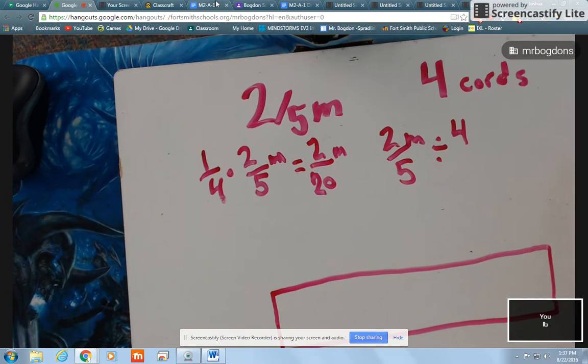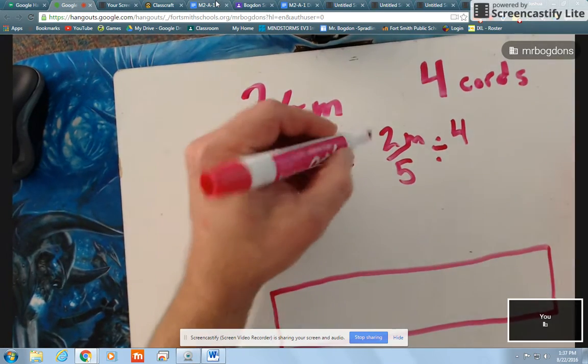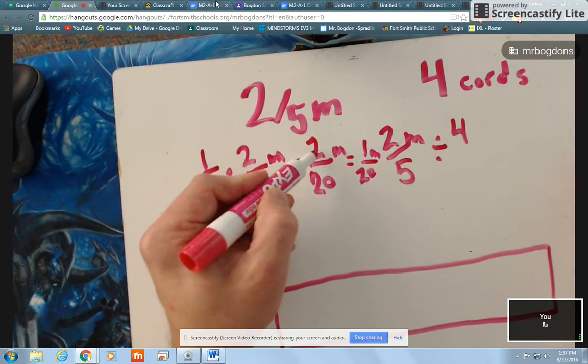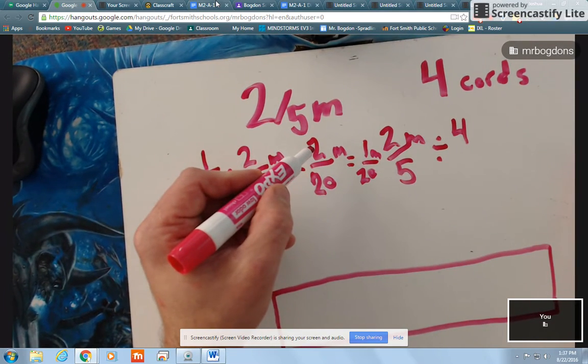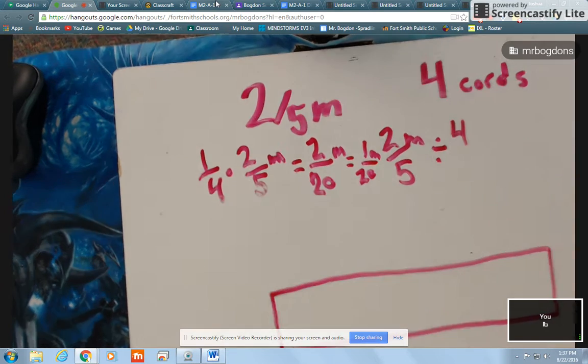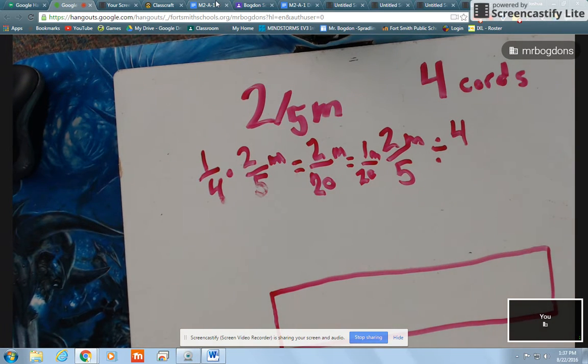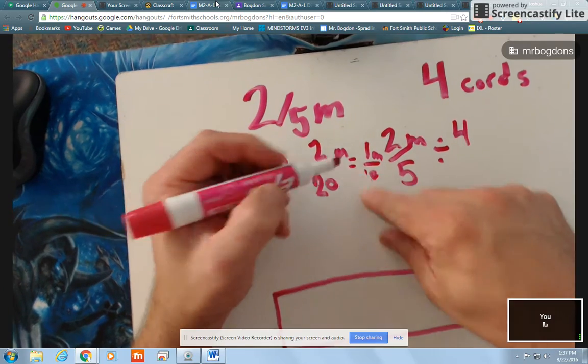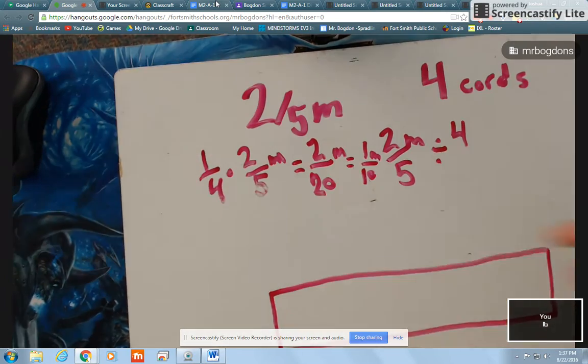Ozil? 1/10. And we got that by saying, what is 2 divided by 2? Everyone, this is an everyone question. What is 2 divided by 2? 1. Okay, what is 20 divided by 2? 10. Oops, I went ahead and wrote 20. That's my mistake. So the answer is each cord is 1/10 of a meter long.